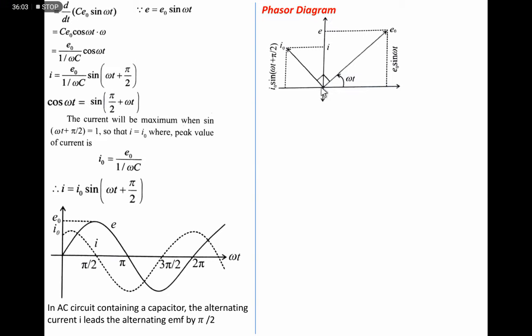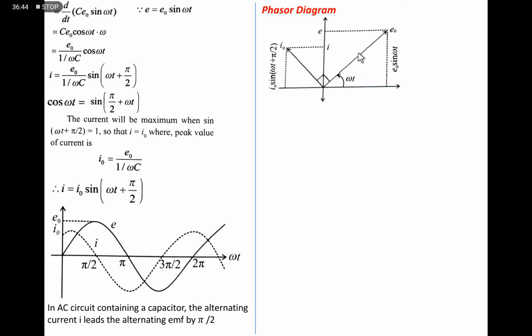Now the phasor diagram. EMF is this, omega t is the angle it makes with the horizontal and it is rotating in the anti-clockwise direction. But as compared to this, the current generated in the capacitive AC circuit is leading by pi by 2. Therefore this angle is 90 degrees and current is in this direction. Both the vectors are rotating in the anti-clockwise direction, and omega t is the angle of the EMF with the horizontal.